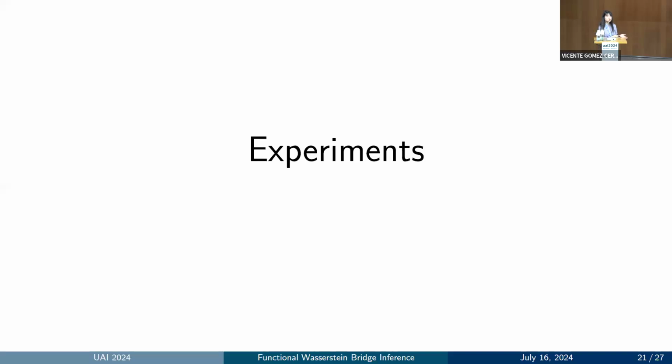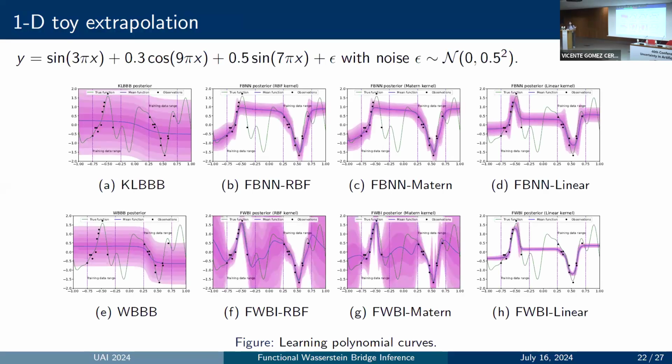So for the experiments, we evaluate the predictive performance and uncertainty quantification of FWBI for several tasks. The first one is the 1D toy extrapolation example.